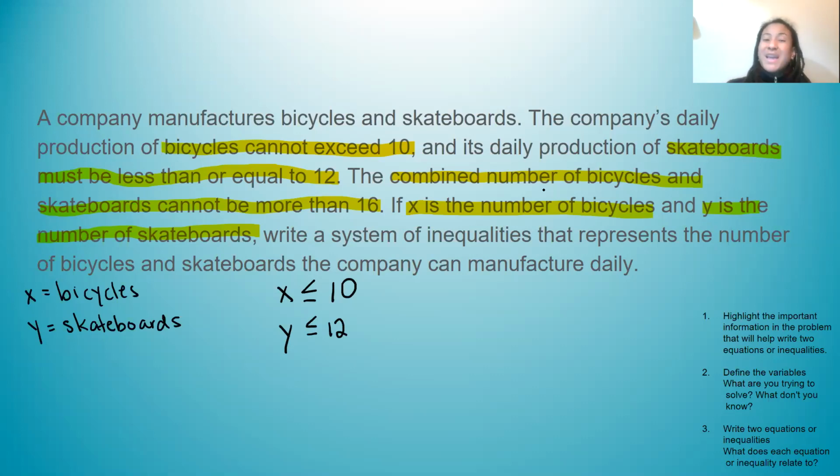So that means we're going to be adding something in this case, right? Cannot be more than 16. So we have x plus y, and then we have 16 over here. Cannot be more than. What does that mean? We cannot go over 16. So that means it's going to be less than or equal to 16.